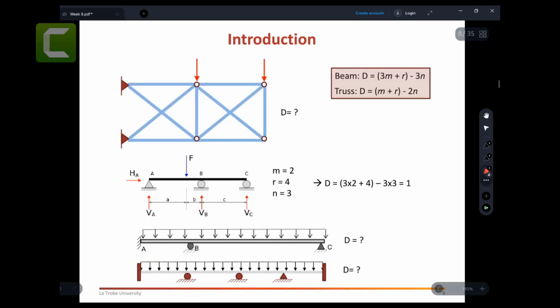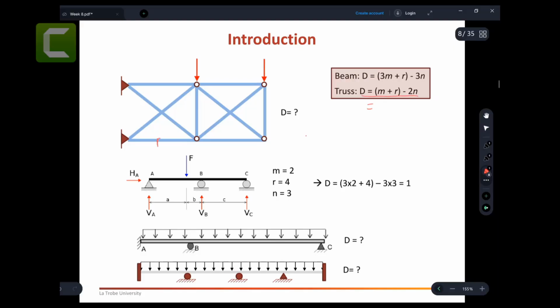So let's take an example on that one. I will do one and then you help me with the rest. Now this is a truss and someone asks you, can you please find me the D? Determine the degree of indeterminacy. For that case, we have an equation: D equals m plus r minus 2n. How many members?